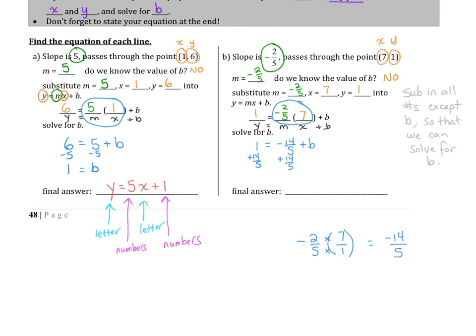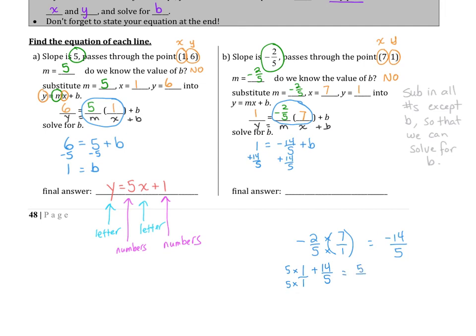So if we're taking 1 plus 14 over 5, to add fractions, you need a common denominator. So we're going to make this 1 over 1. To get a common denominator, you're going to multiply this by 5, and you're going to multiply this by 5.